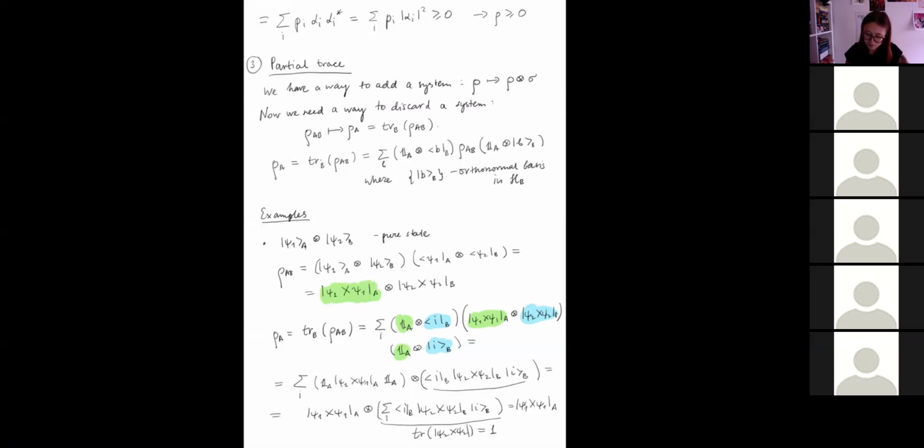And so hence we arrive at just psi1 on A. So indeed, our intuition was correct.